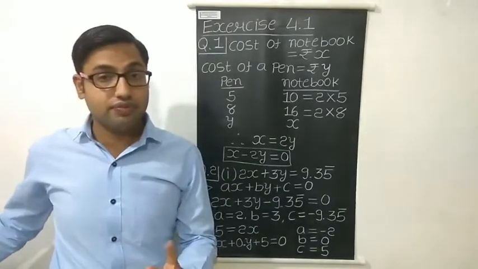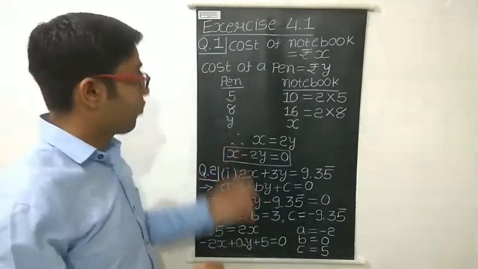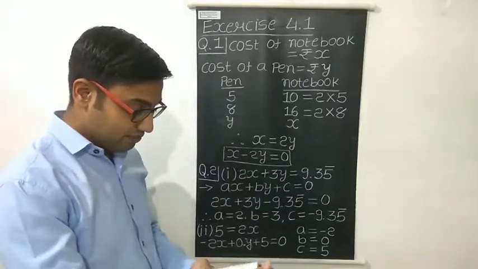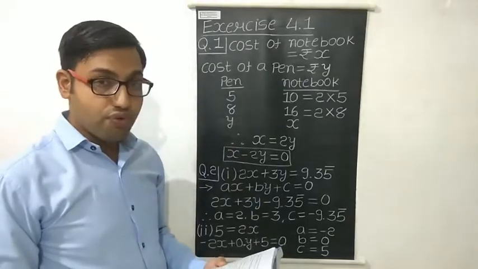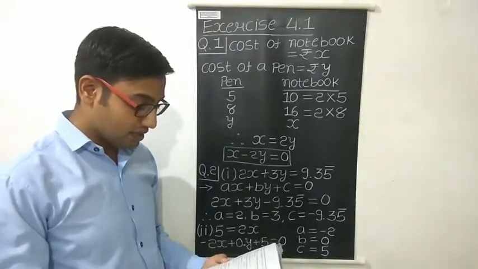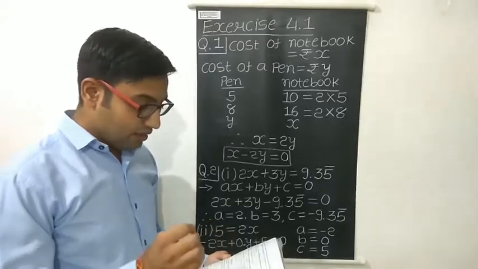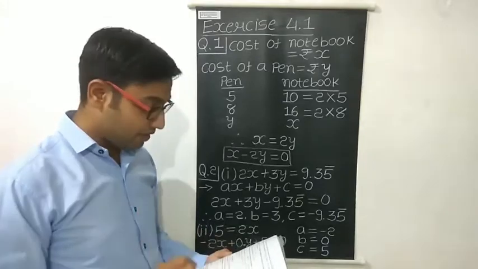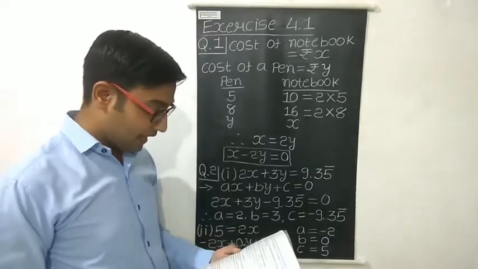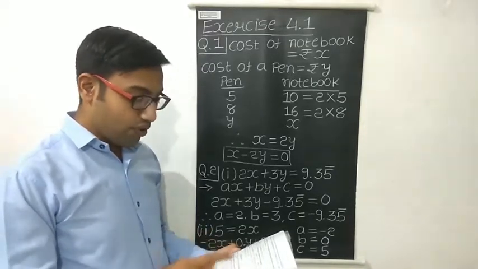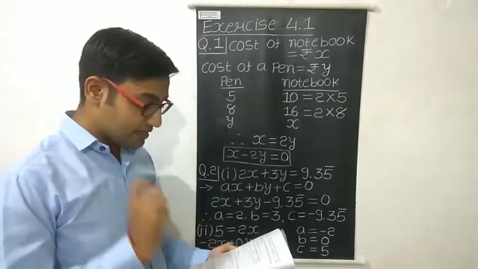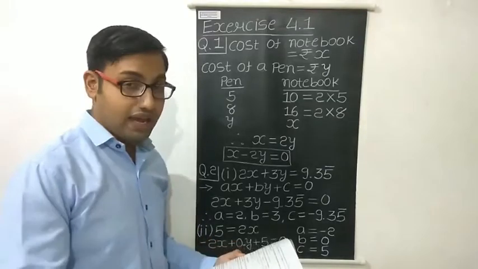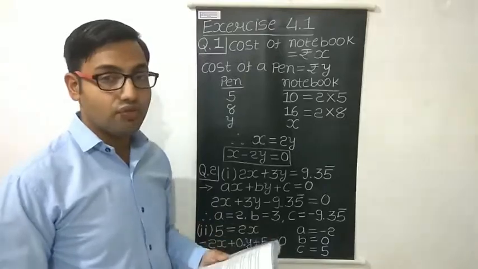So let us study some exercise sums based on what we have studied earlier. What is the question? First question of exercise 4.1. The question is, the cost of a notebook is twice the cost of a pen. Write a linear equation in two variables to represent this statement. One thing given in the bracket is to take the cost of a notebook to be rupees x and that of a pen to be rupees y.